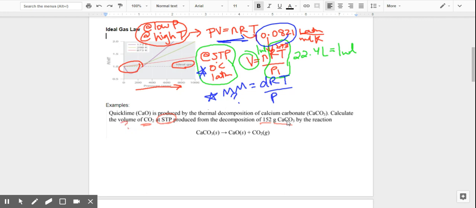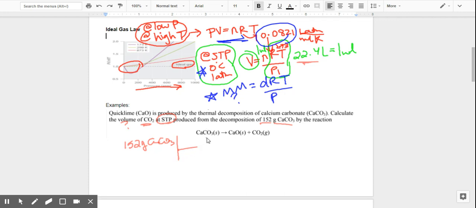Because we're getting from one thing to something else in the reaction, we're going to have to end up doing a mole-to-mole ratio. Now, where you will see STP most of the time is in multiple choice questions because it's easy to work with 22.4 mathematically. So how I'm going to figure out this answer is I'm going to start with the 152 grams of calcium carbonate, so CaCO3. And the very first thing I have to do is convert to moles.